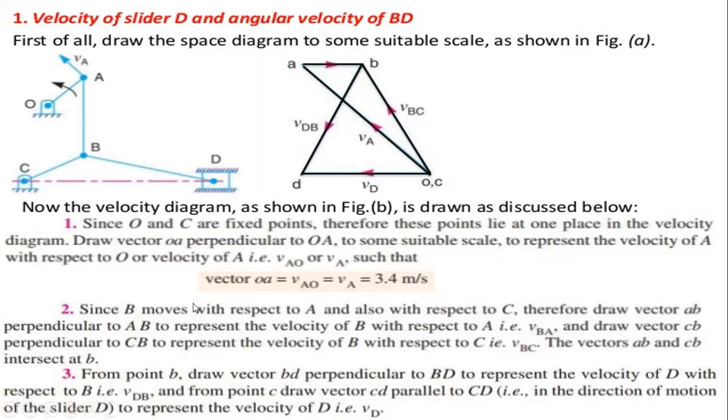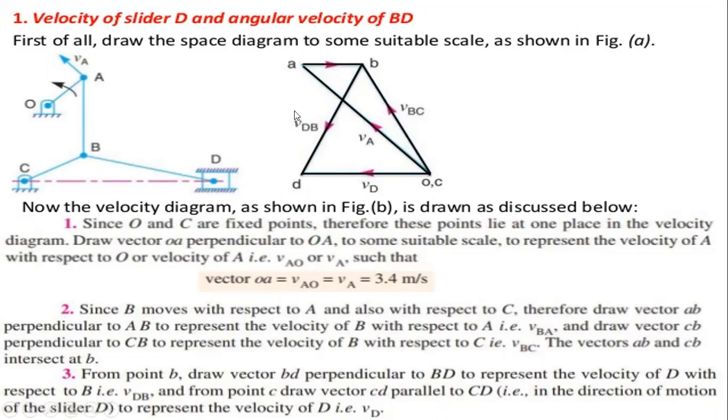Next, since B moves with respect to A and also with respect to C, draw the vector AB perpendicular to the link AB in the space diagram. So we draw the perpendicular line from point A of the velocity diagram.